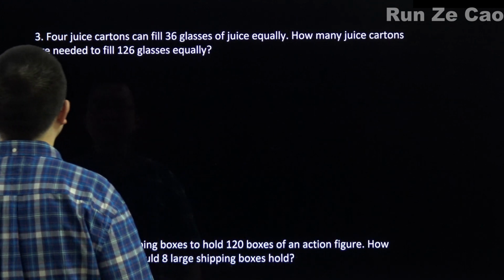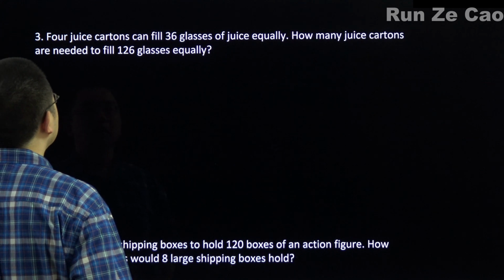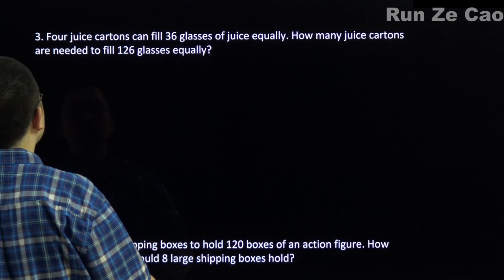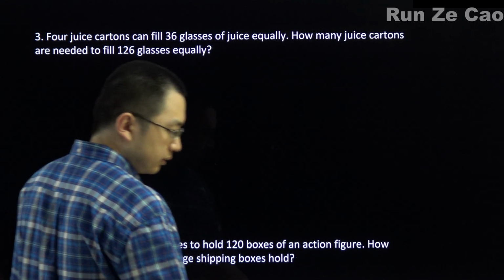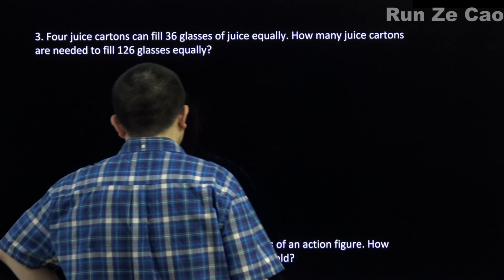4 juice cartons can fill 36 glasses of juice equally. How many juice cartons are needed to fill 126 glasses equally? Well, 126 is what?